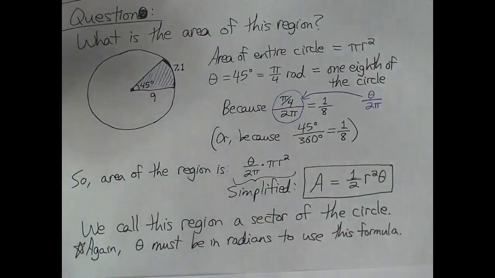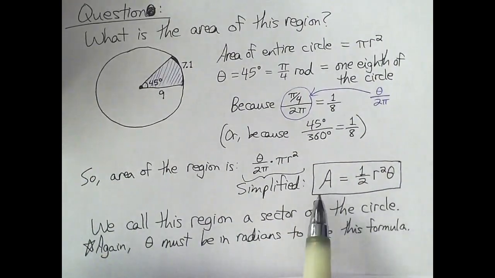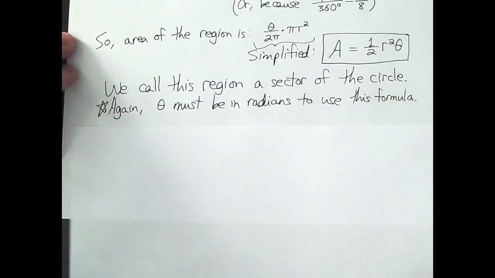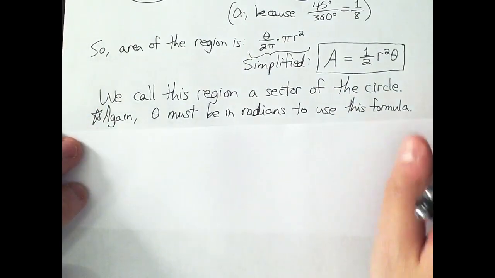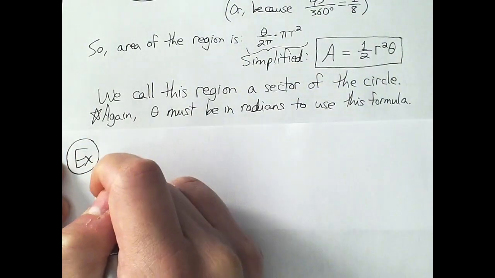Here, I'll show you a problem. The question was, could we figure out a formula that answers this question? And we figured out a formula, so now let's do a specific problem. I'll do this one for us, and then I'll have something else for you after this.